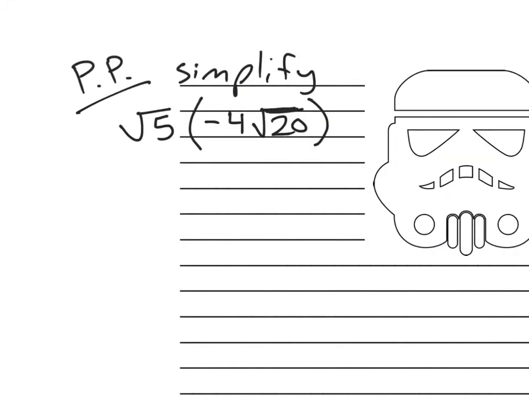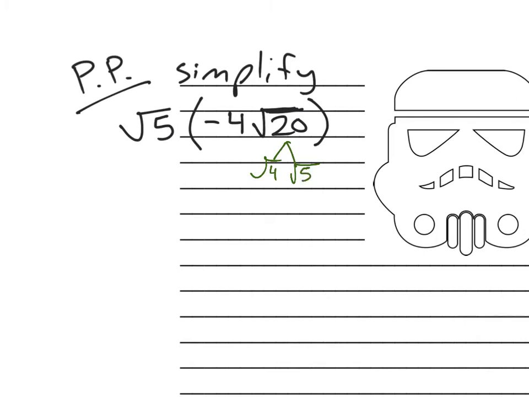All right, so there's a couple ways you can do this problem actually. You can multiply the outside numbers and the inside numbers first, or you can simplify it. So if you were to simplify, you would break that down with 4 times 5.